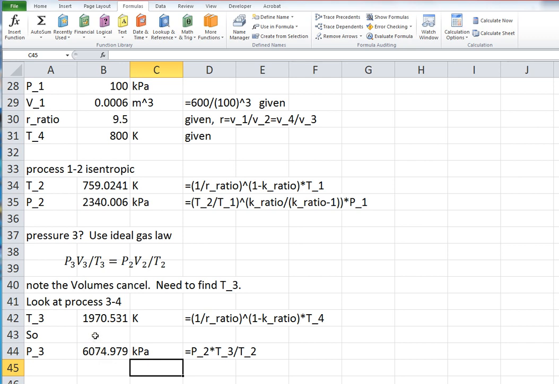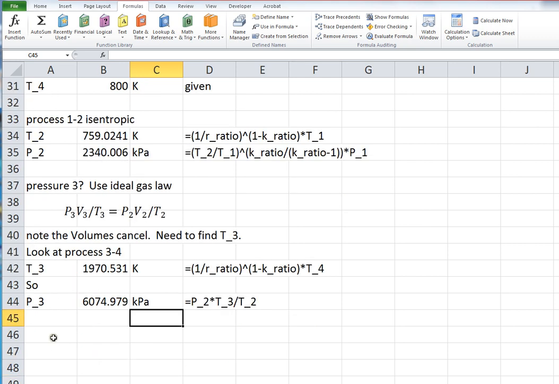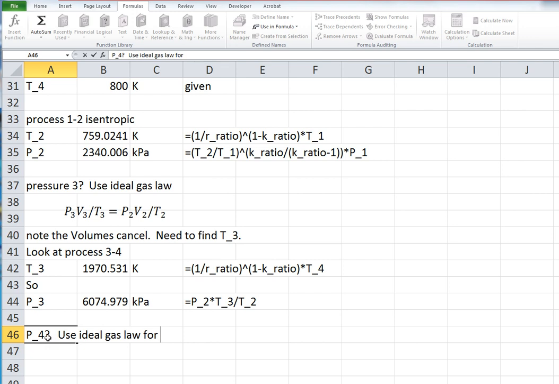He wants to know the temperature at 4, so how can we find that? Sorry, the pressure at 4. And again, use the ideal gas law for process 4 to 1, which is a constant volume process.